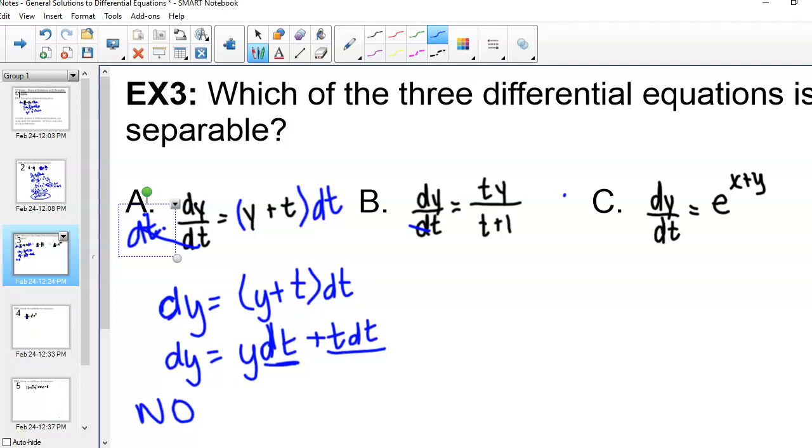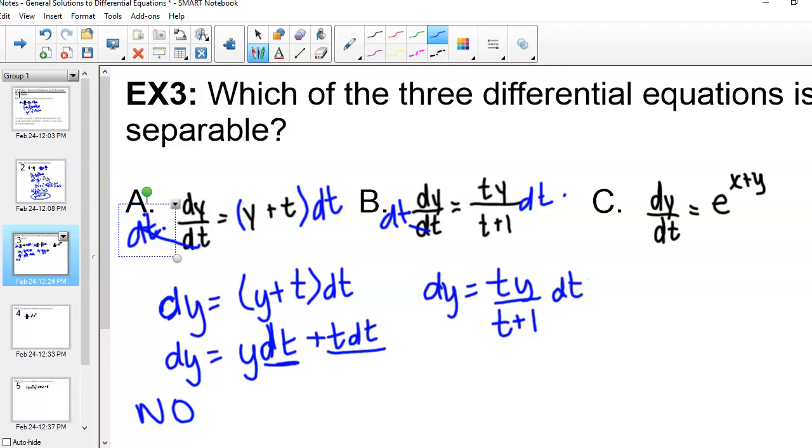So let's look at the next one. For this problem, I've got dy over dt equals ty over t plus 1. The first thing you pretty much always want to do is multiply both sides by dt. That gets your dy and your dt separated. So you've got ty over t plus 1 times dt.